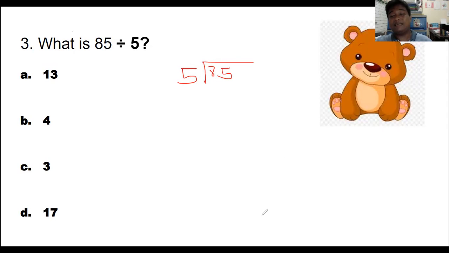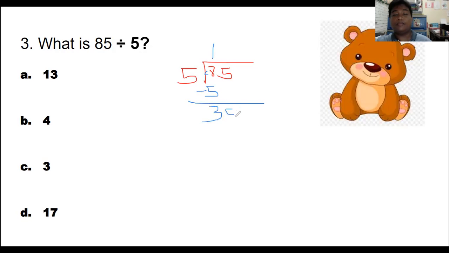If the number in the dividend is greater than the divisor, 8 is bigger. So how many? Looking at the multiplication table of 5, only 1. So 5 times 1 is 5. Then 8 minus 5 is 3.